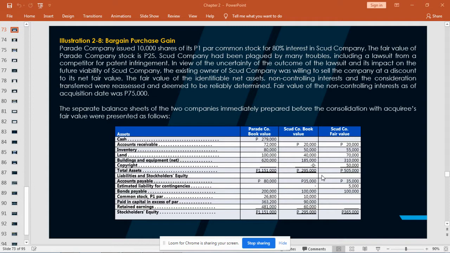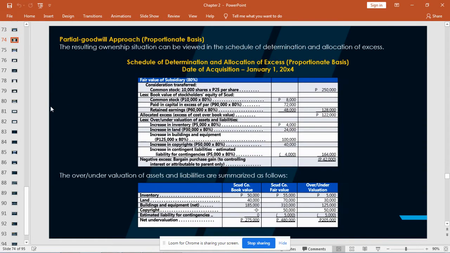So for our computation, partial goodwill approach yung ating gagamitin. So that is a proportionate basis. The resulting ownership situation can be viewed in the schedule of determination and allocation of excess. We have used this format from the beginning of our discussion.